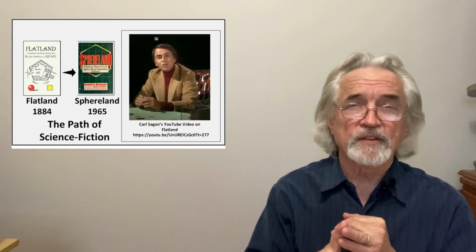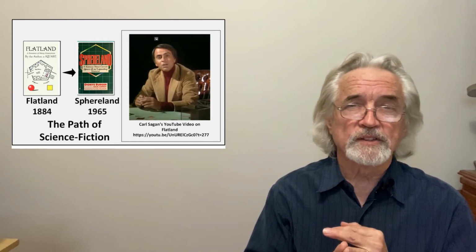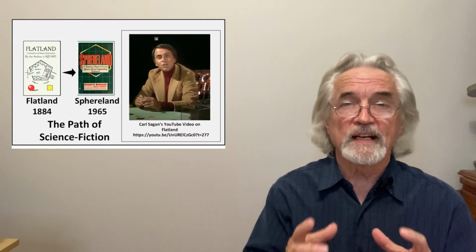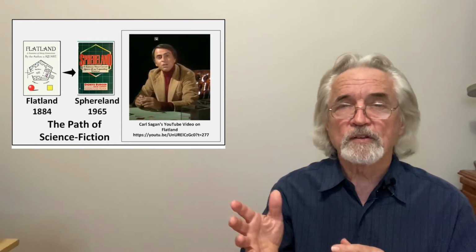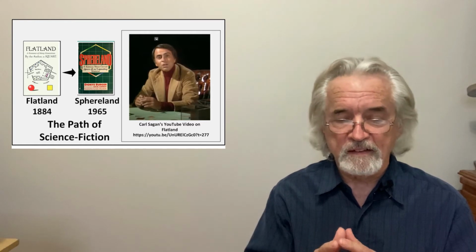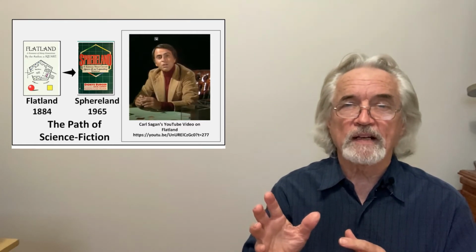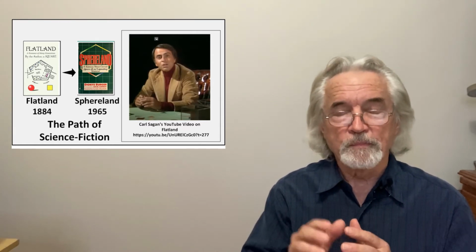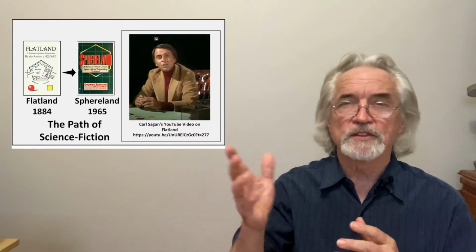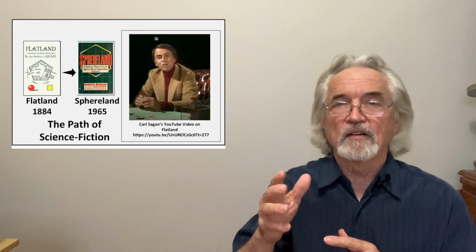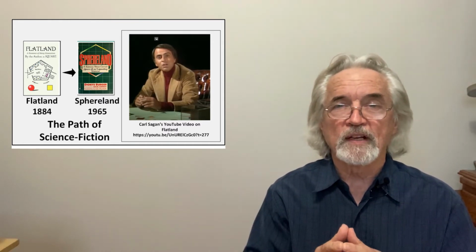Sphereland was written after the discovery that our universe is expanding, and basically adapted the mathematics of Flatland to fit that. You also see Carl Sagan there. If you want to know about Flatland on a quick but pretty good level, watch Carl Sagan's YouTube video. Just search Carl Sagan YouTube Flatland, and you'll get it.